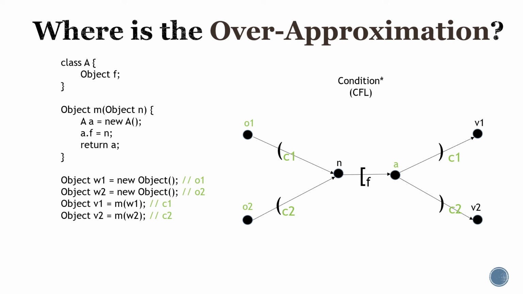Let's illustrate this by using the example given here, which is slightly modified from the previous example. M is still an identity function, but returns a wrapper this time. In this example, N can be context-insensitive if following the original or context-free language condition, except that there are some uses of the field F of V1 or V2.